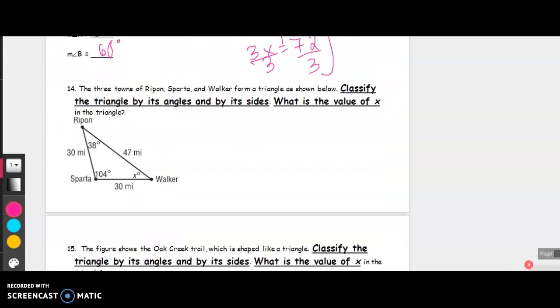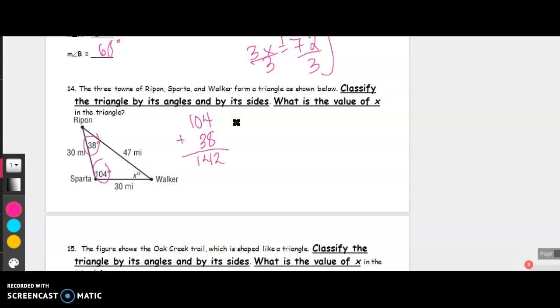Okay, number 14. This is what we were doing yesterday. First, classify the triangle by its angles and sides, and then find the value of x. Well, we can't really classify it until we find that other x. So what we did is we added our two angles together yesterday. So 104 plus 38 gives me 142.